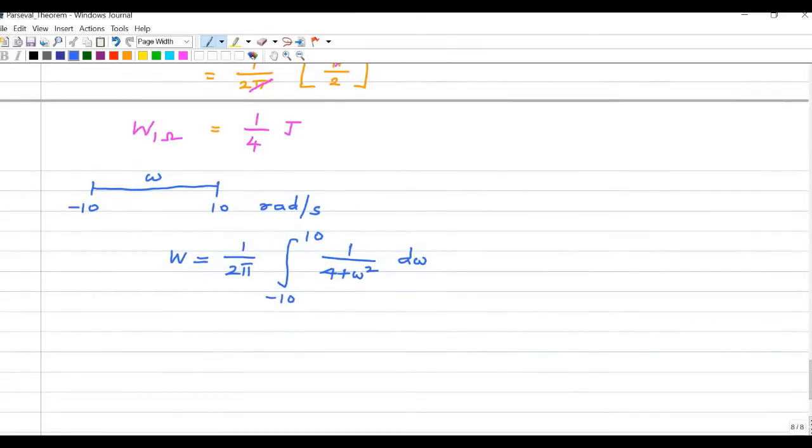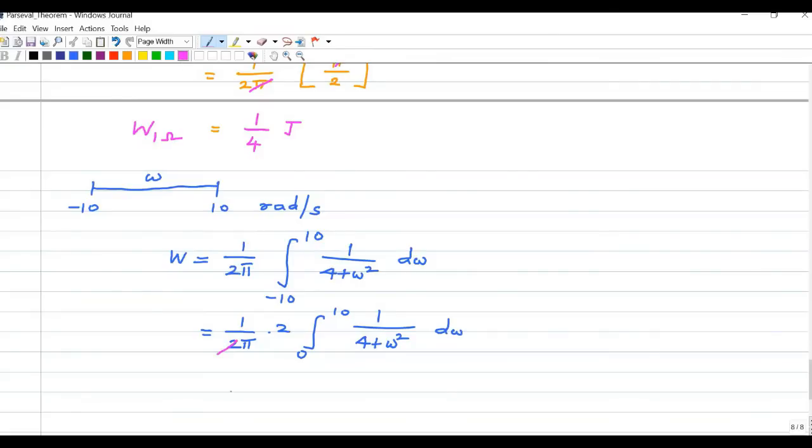So this we can write like this: 1 over 2 pi into 2 times integral 0 to 10 1 over 4 plus omega square d omega.